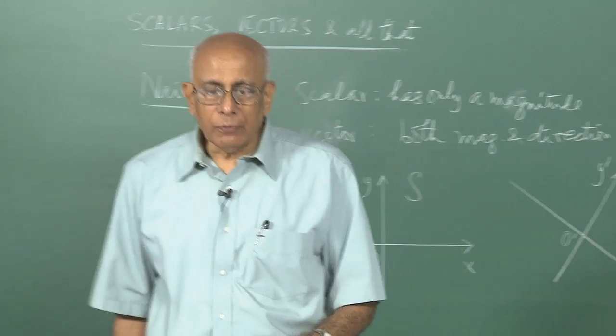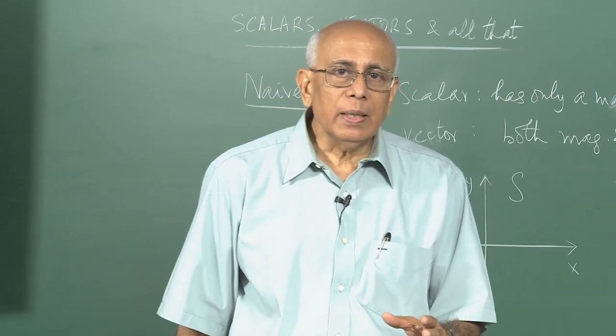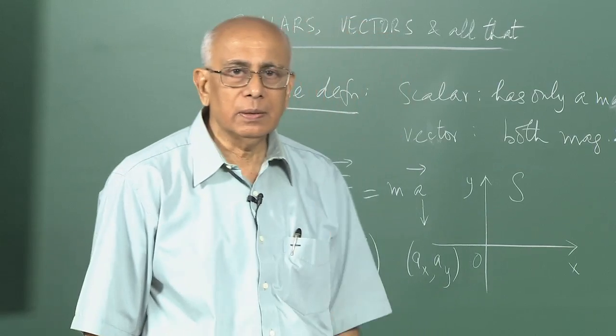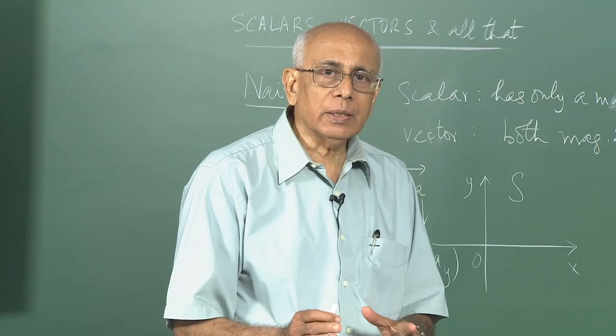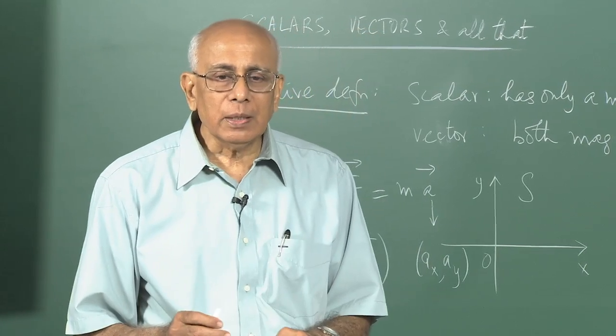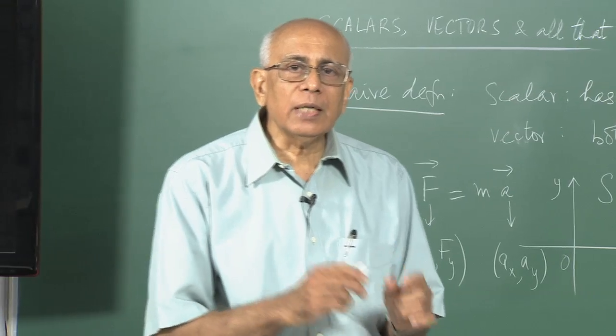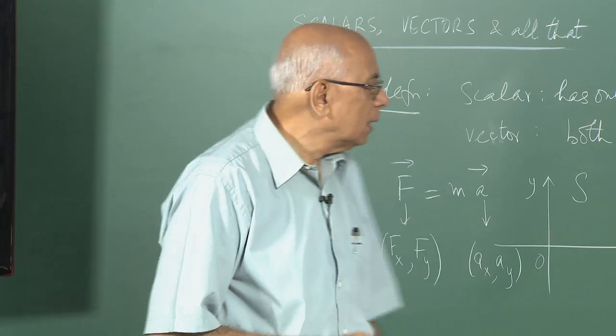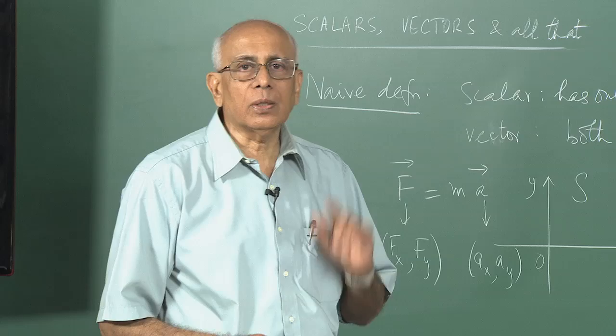In other words, if you want the physical law to be unchanged in form, to be form invariant under a coordinate transformation, you must express them in terms of quantities whose transformation law is known, is prescribed once and for all, and such quantities are called covariant quantities.